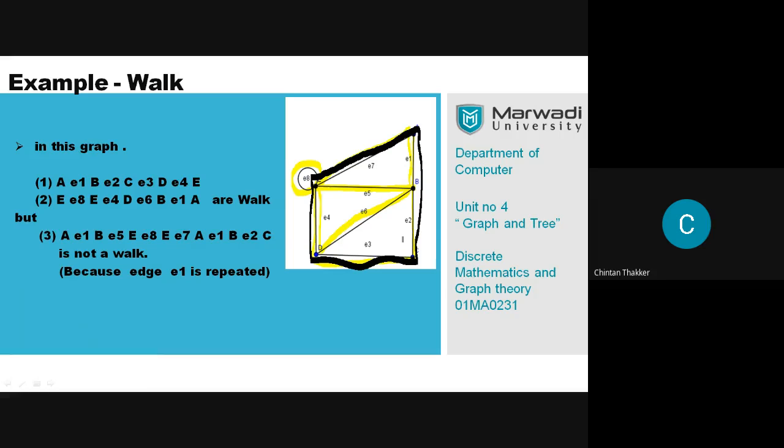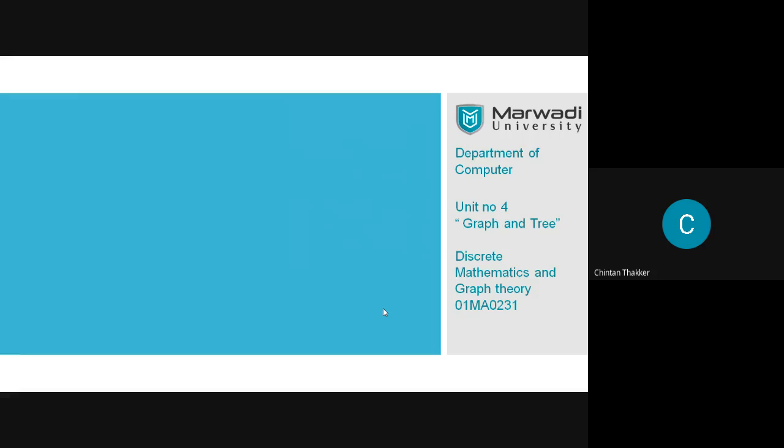This becomes a closed walk because we start with A and we end with A. Now we define the next. Closed walk is given as A, E1, B, E2, C, E3, D, E4, E, E7 and A.